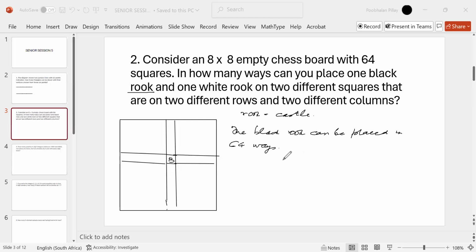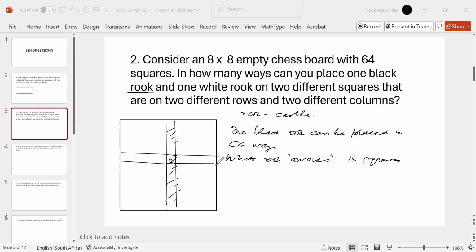The white rook avoids 15 squares. It can't go anywhere here. It's all a no-go zone, and there are 15 of them.